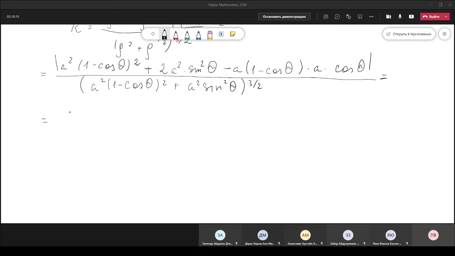equals calculate modulus a squared open bracket 1 minus 2 cosine plus cosine squared plus.